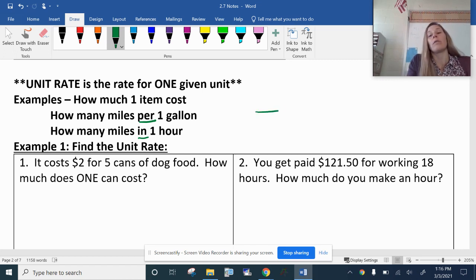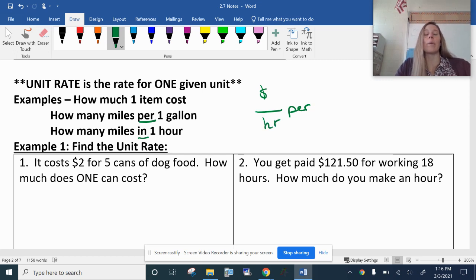So your line or your slash is really a division sign. If I said dollars per hour, I know the dollars would go on top and hours would go on the bottom. If I was saying miles per gallon, then miles are on top and gallons are on the bottom. So that's what you have to keep in mind, because once you set up that ratio or that rate, you're just dividing it out.